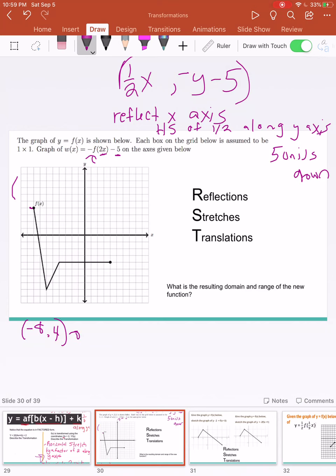So all I do is input that -8 into my mapping coordinate: 1/2 of -8, and then for the 4, -4 minus 5. So once I input it, I end up with an x value of -4 and a y value of -9. So I can map my new coordinate.